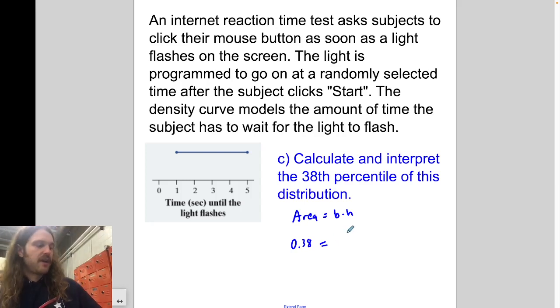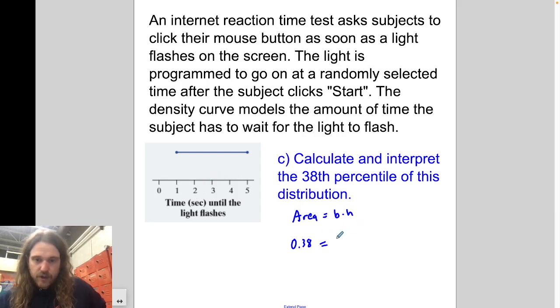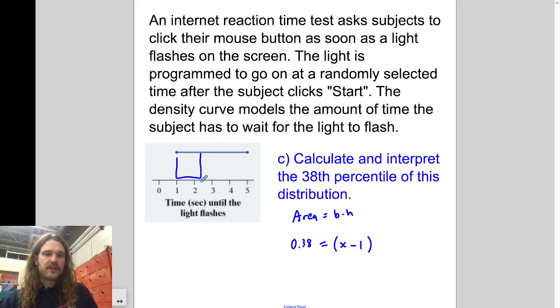So if we're looking at this, what's the base going to be? It's going to be some value in here times the height, which is 0.25. I don't know where it falls. This length is going to be some number x minus 1, because we're starting at 1, times the height of my curve. So we have some rectangle in here, and we don't know what it is. I'm just going to guess that it looks something like that. I don't know what this value x is. I know that the length of this is going to be x minus 1, times 0.25.